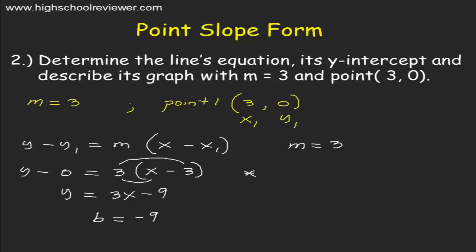So since slope is positive, the line is going up. So the line is going up from left to right.